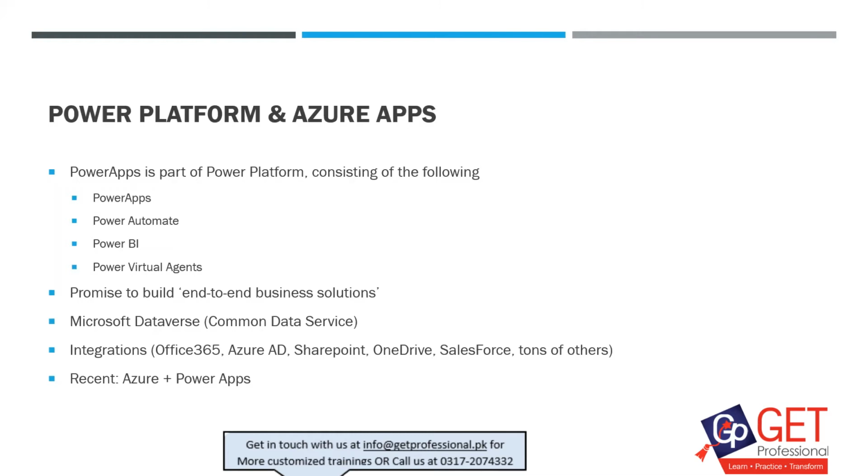So the integration with the Office 365 suite of applications, including SharePoint and OneDrive, is there with Power Apps. Similarly, Azure AD integration or connectors are also available. And there are tons of other connectors, including all the popular ERP connectors. As I said, you have Facebook, Twitter connectors as well. You have all the other connectors, whichever are the popular systems you integrate with.